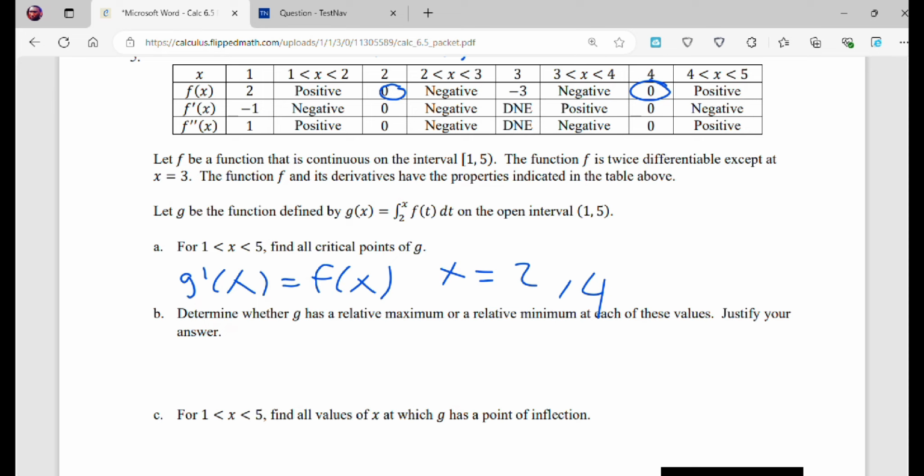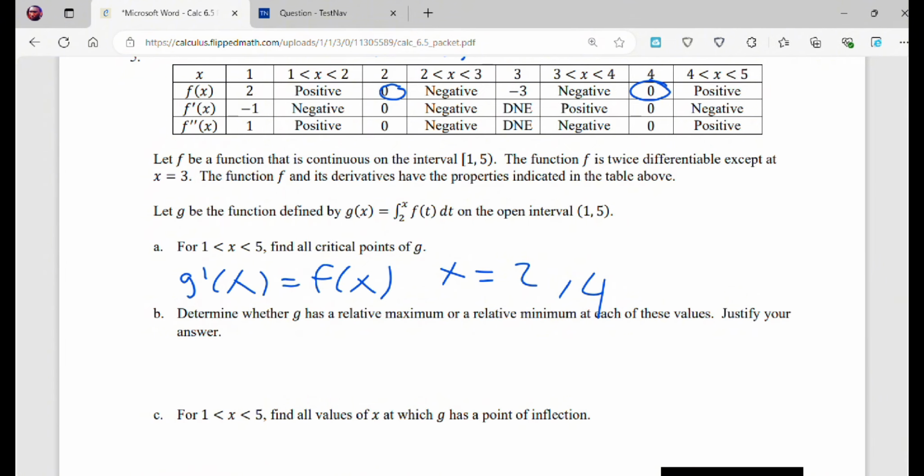Determine whether g has a relative maximum or relative minimum at each of these values. So at x equals 2 and x equals 4, we're going to look at f to see whether it changes from positive to negative or negative to positive.